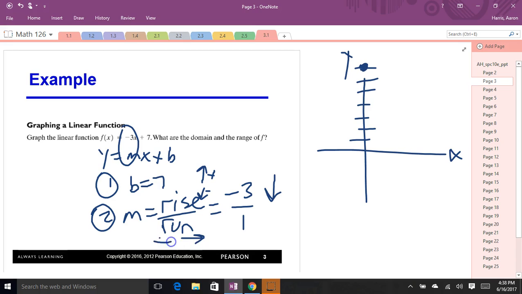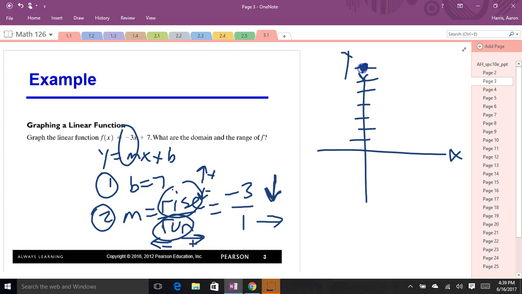The run tells you if it goes right or left. Positive, it goes right. If it's a negative number, it'll go left. Again, this is the vertical change over the horizontal change. So down 3, right 1 from that y-intercept.